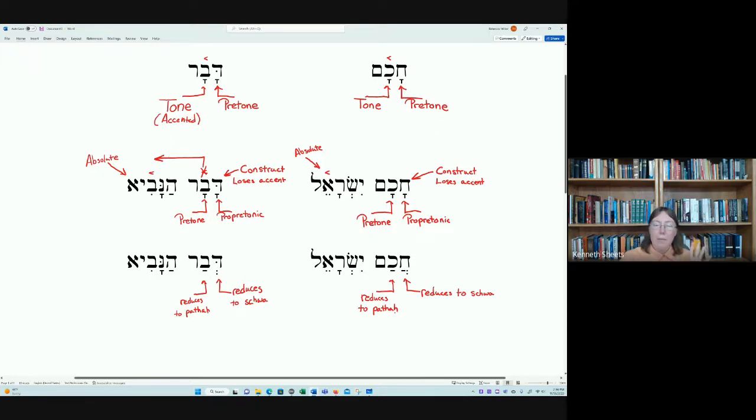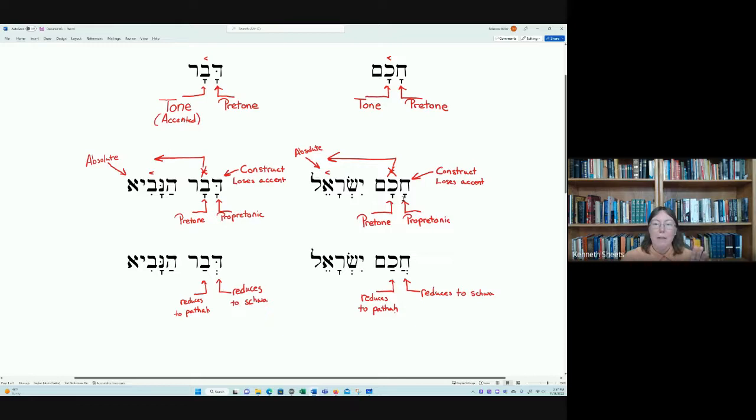But when it becomes construct, the accent moves to the accented syllable of the absolute, which means the kam is now pretone at best and the ha is propretonic. Well, kamates cannot stand propretonic. So that kamates is going to reduce and we're going to put a vocal schwa on it.